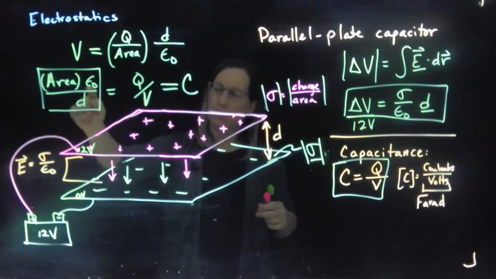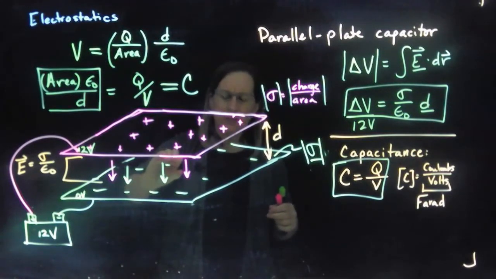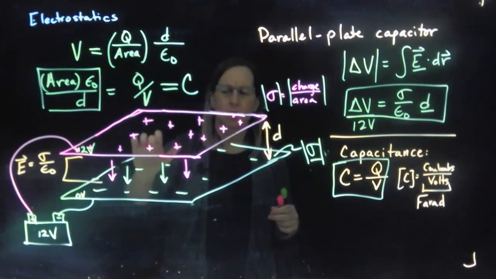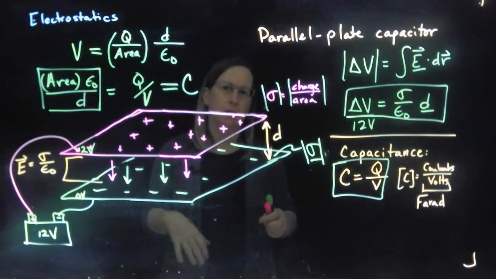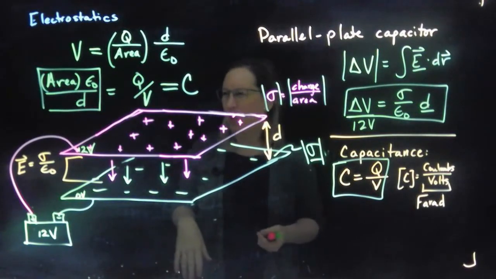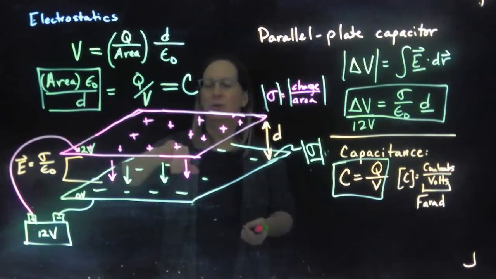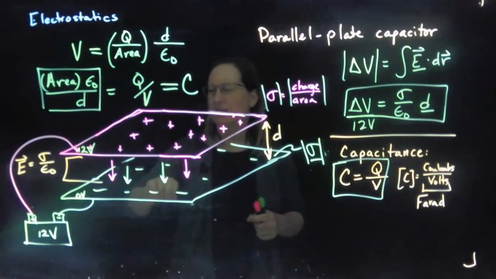So if something in the denominator gets smaller, this whole term gets bigger. As this gets closer together, you can hold more charge because these plus charges are less aware of their neighbors and more aware of the minus charge down here. Okay, that's sort of my description of what's going on. They don't really care about these things, but they're responding to the forces that they feel.